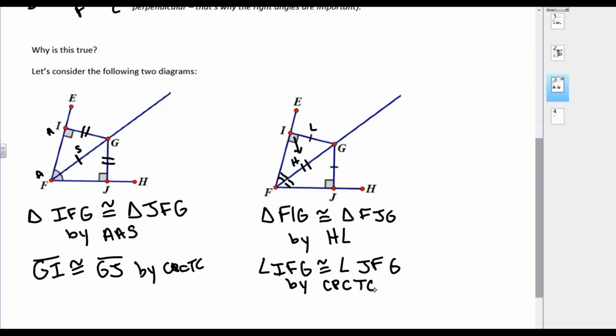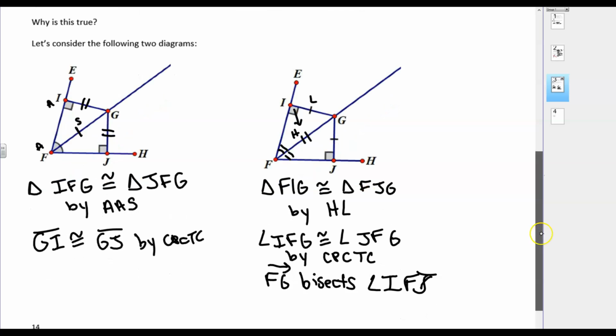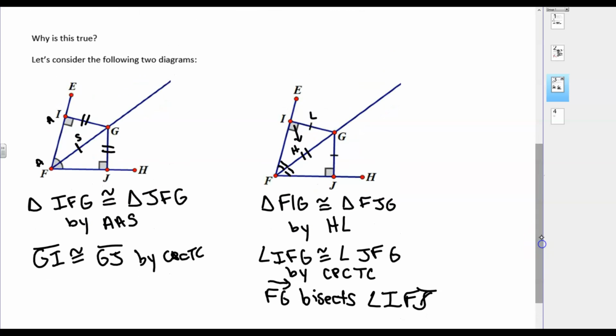And if those two angles are congruent, therefore ray FG bisects angle IFJ. So we can say that FG is the angle bisector. So that's why the converse is true.